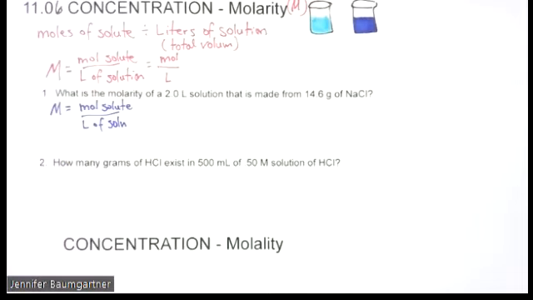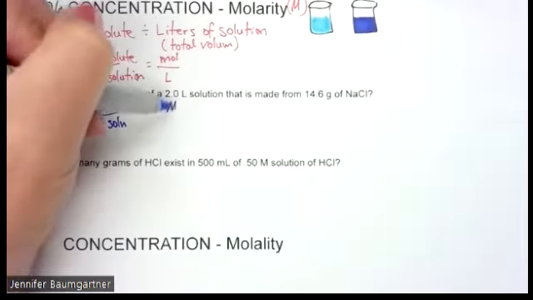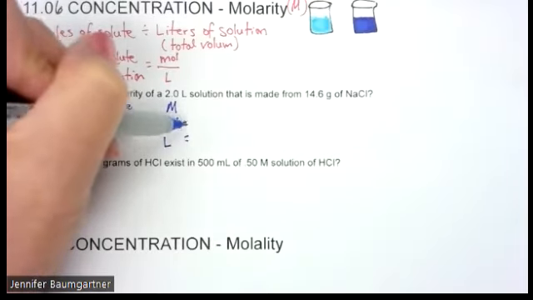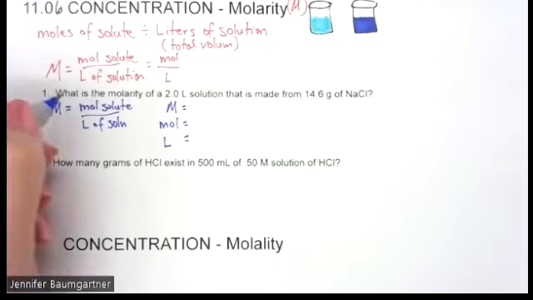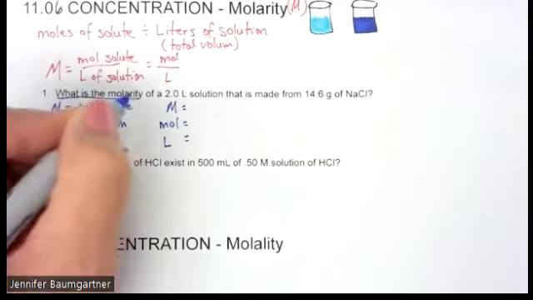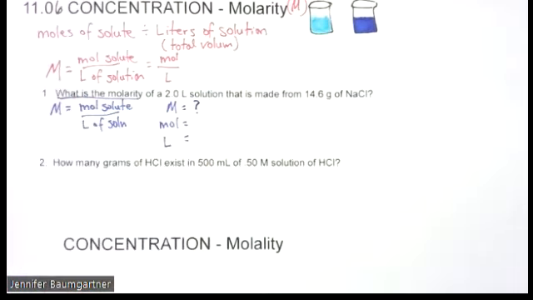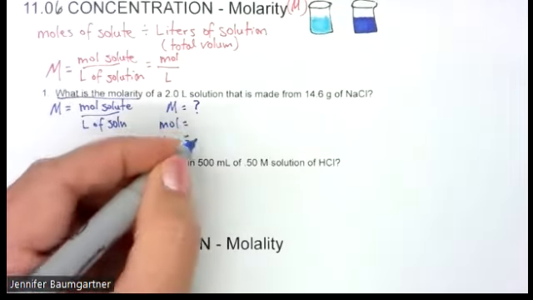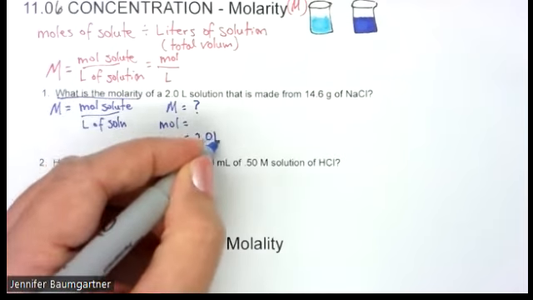SOLN is an abbreviation for solution. So I need molarity, I need moles, and I need liters, which is volume. My question word is, what is the molarity? So that's what I'm solving for. Of a 2-liter solution, oh, there's my volume, 2 liters.